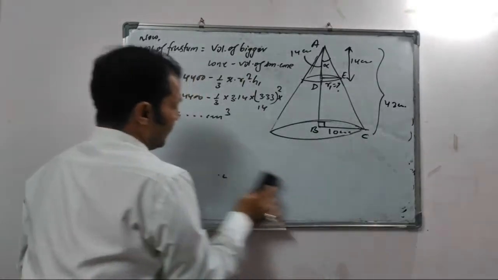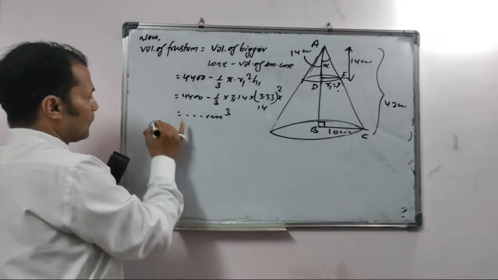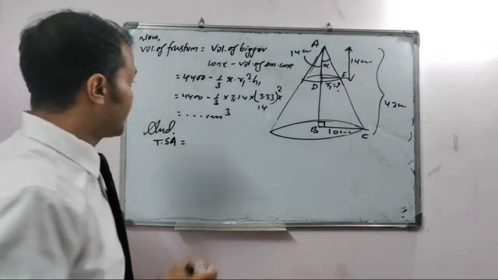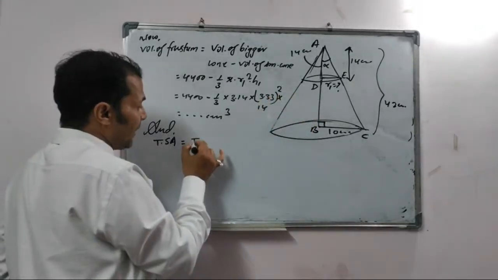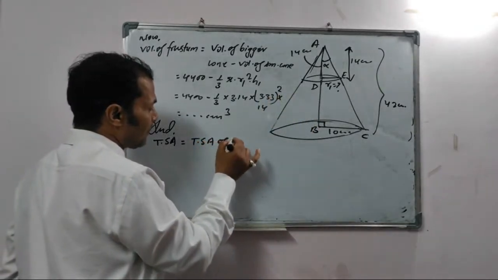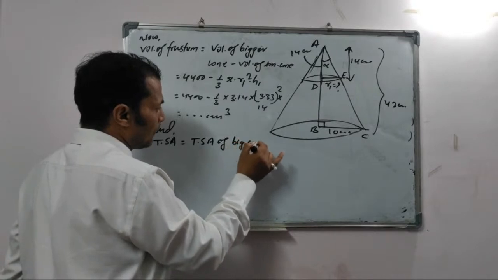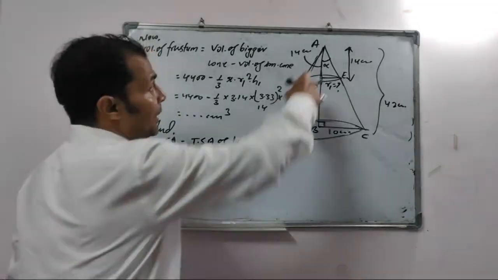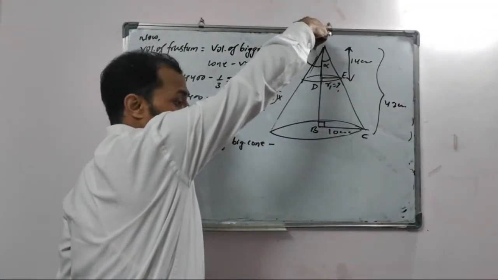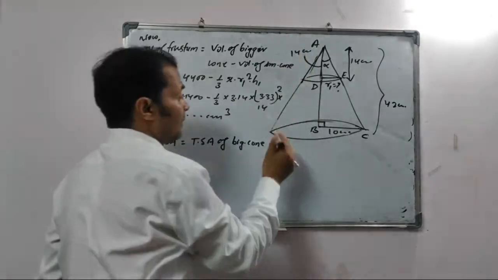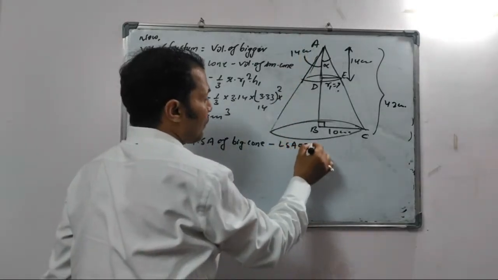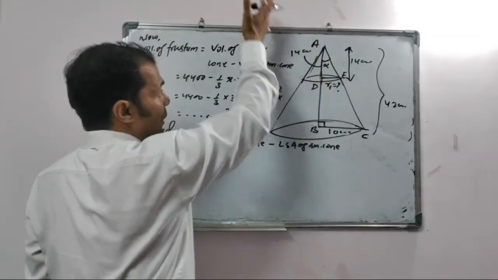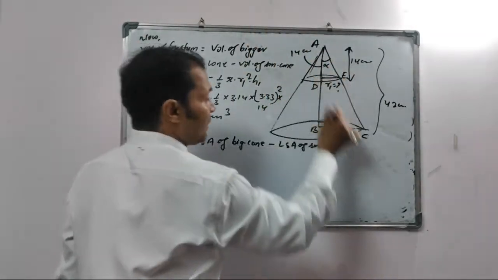Now we see how to find the total surface area. Total surface area is, pay attention, TSA of bigger cone minus what you are going to subtract is the area around this upper cone, that is LSA of small cone. After doing that, when you remove this part, what happens? A circular portion will be left. So that should be added.